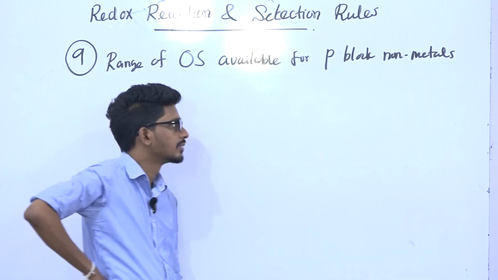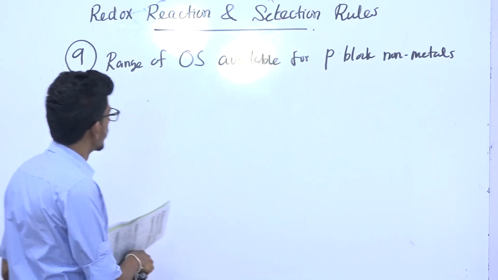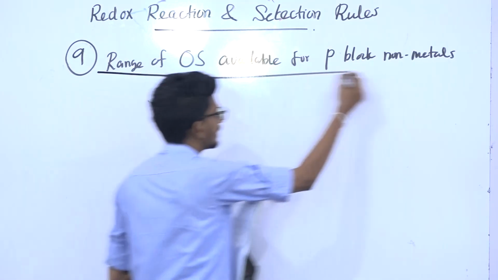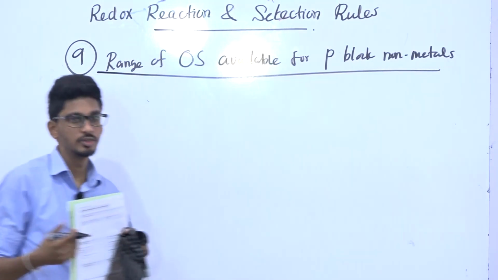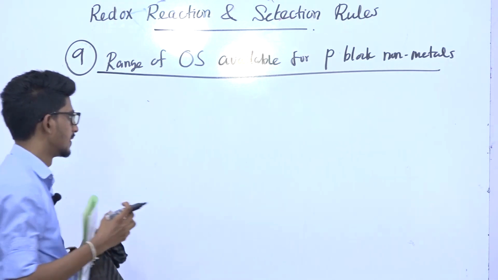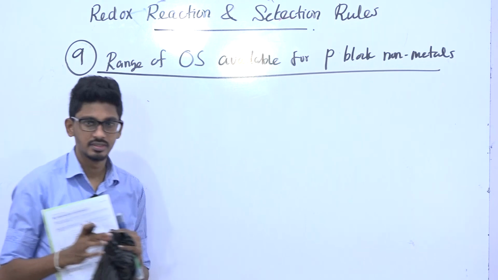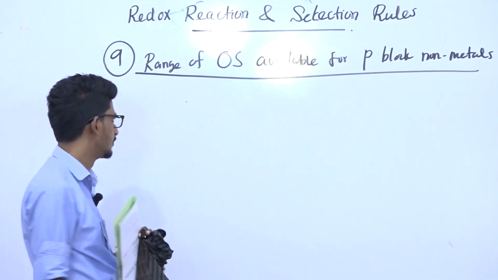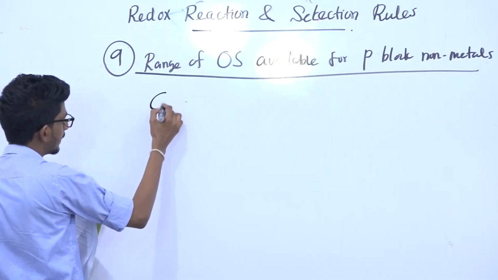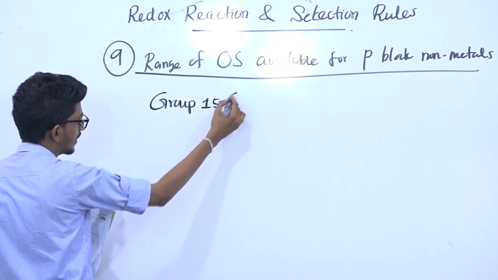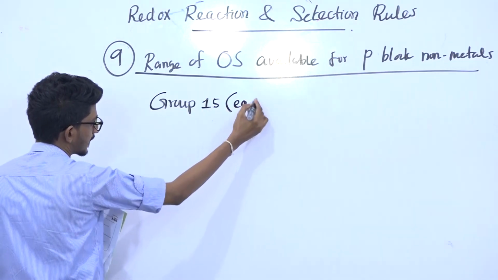So you should be able to come up with a range, the oxidation state range. That means the highest value and the lowest value of the oxidation states should be known for the respective groups. If you are regarding group 15, normally we come up with nitrogen.